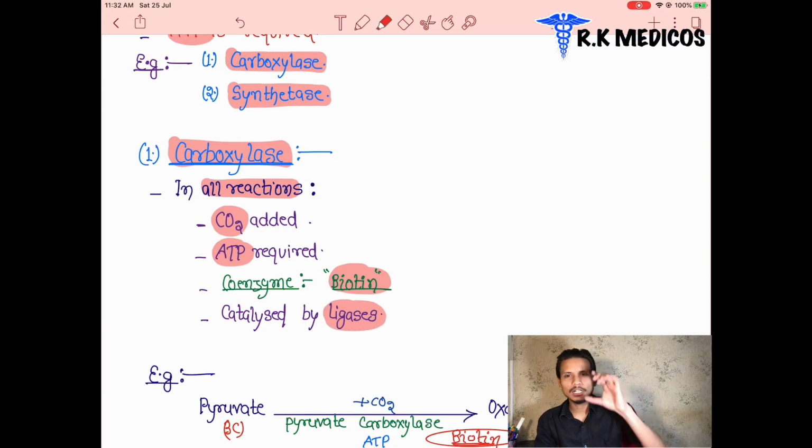So in all the carboxylase reactions we discussed, there is an addition of one CO2, ATP is required, biotin is a coenzyme, and ligase enzymes are used here.